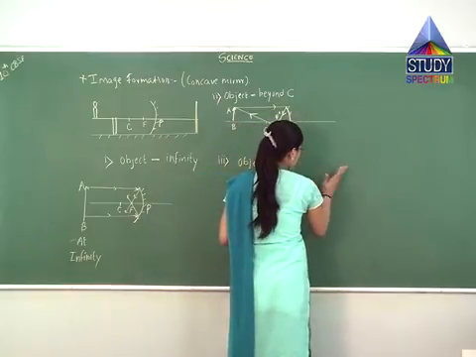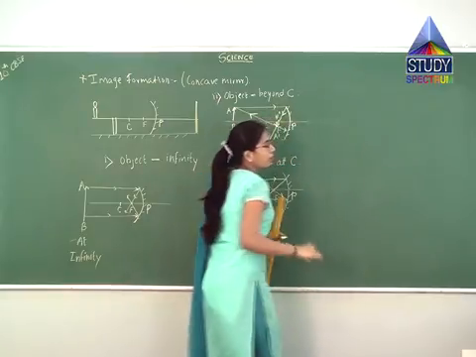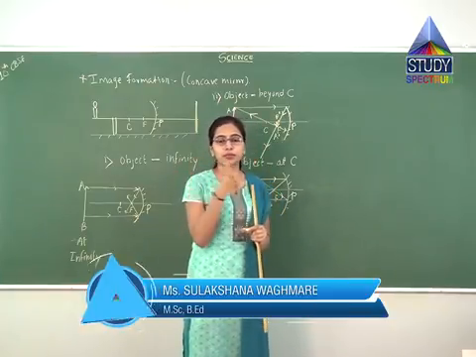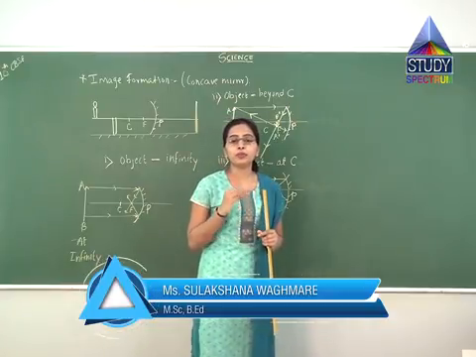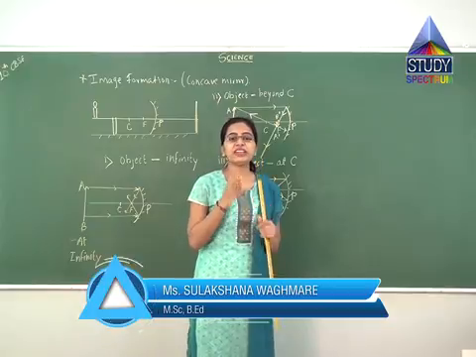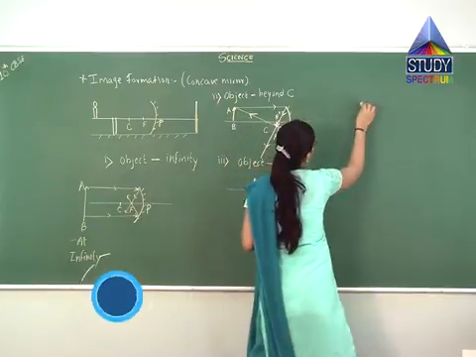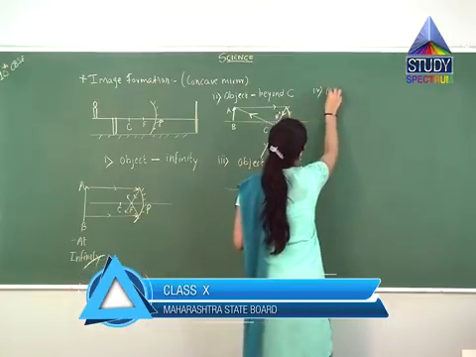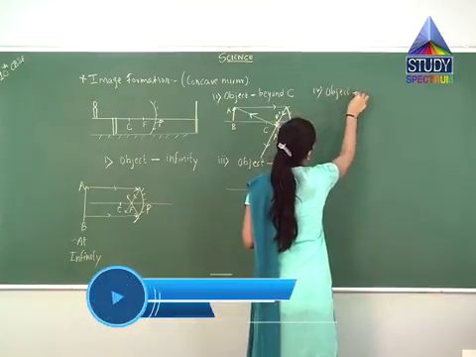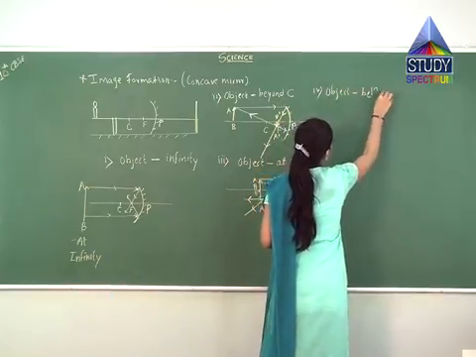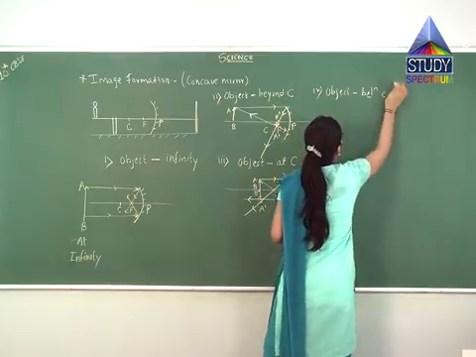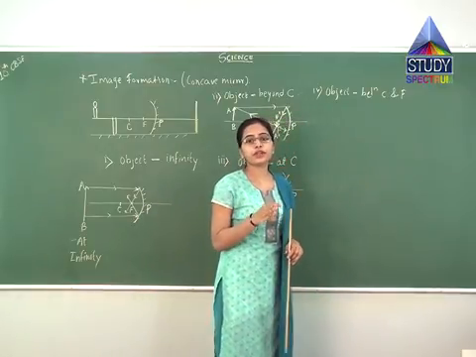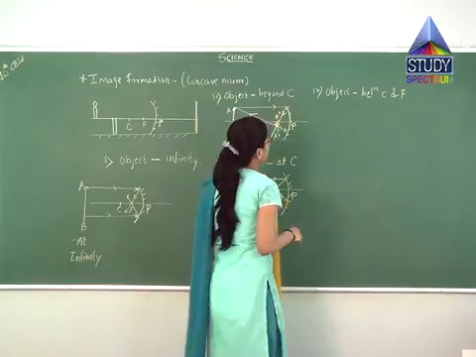Now in the next case, again we will move our object towards the pole of the mirror. Now we will put our object between C and F. Now pay attention here. It is our fourth case. Object placed between C and F, that is between the center of curvature and the principal focus.